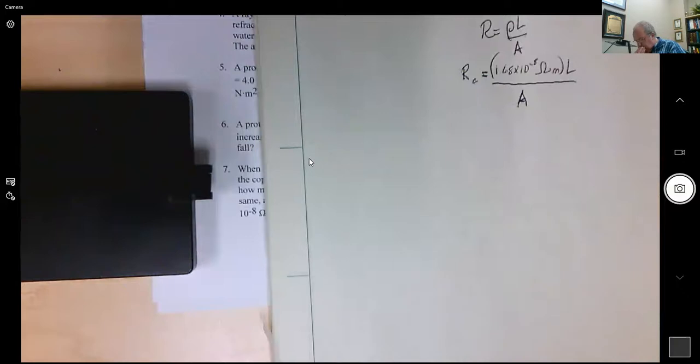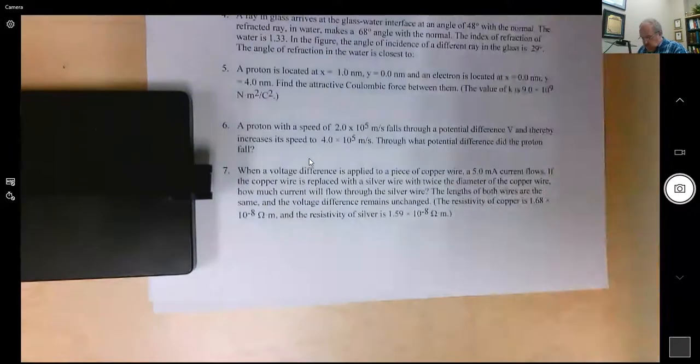And then the resistance for the silver wire is R sub silver. So that's 1.5959 times 10 to the negative 8 ohm meters times our length divided by a new area.